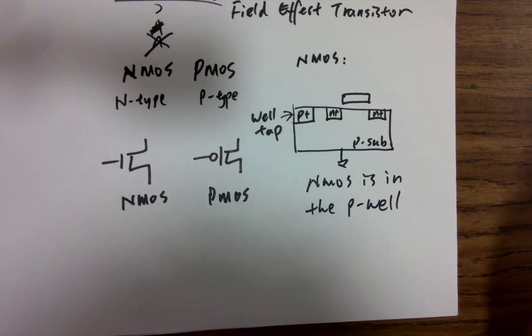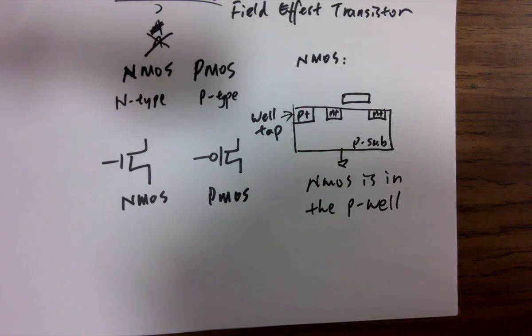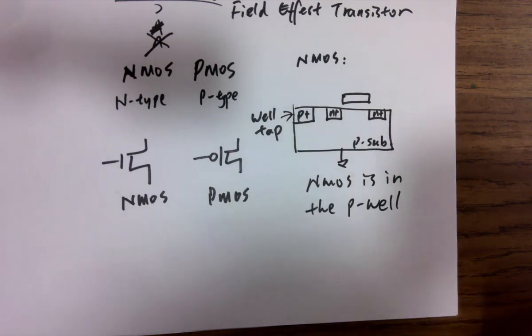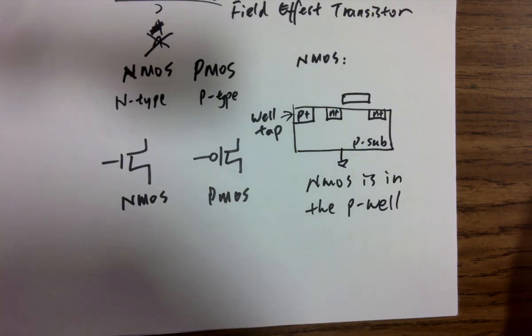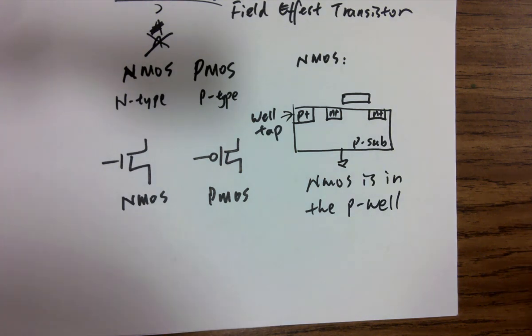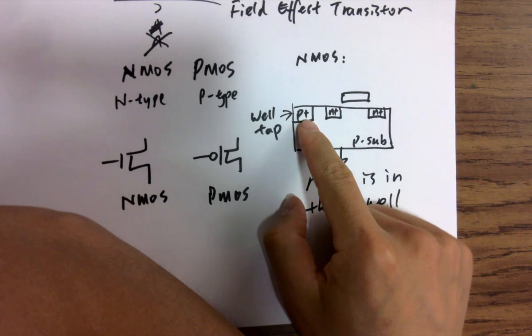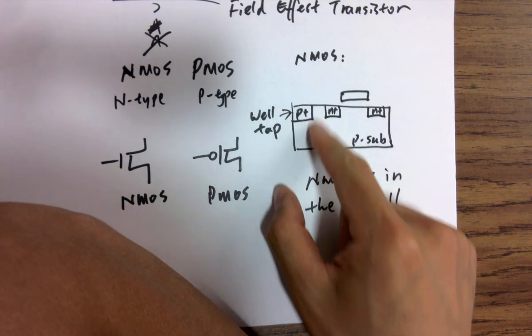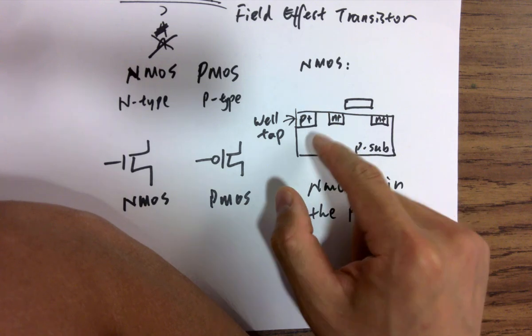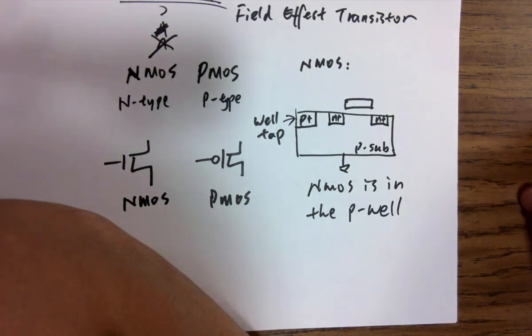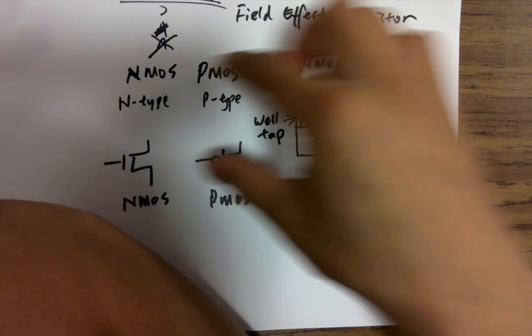It's called a tapless process, which can get rid of the well tap next to the transistor. Why? In older processes, they required a well tap next to each transistor. It introduces a little extra area for every transistor. You have billions of transistors, so it's a huge area waste. So they are trying to just do the well tap at the end of the row for every single row.